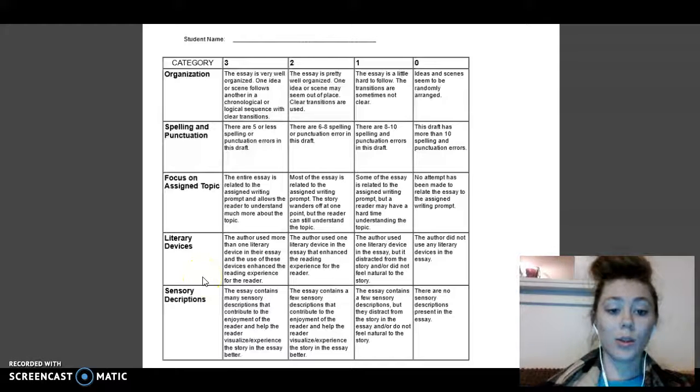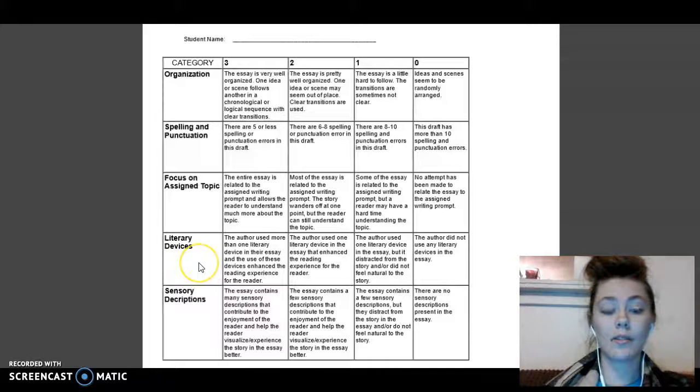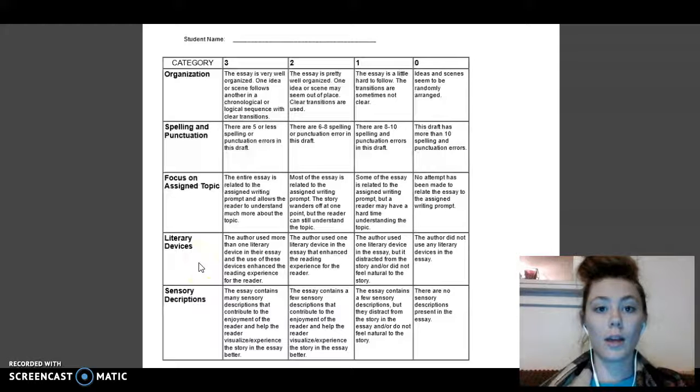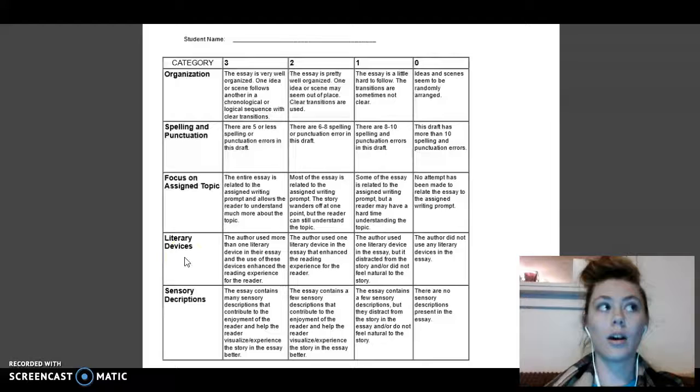Literary devices. Yes, you do have to include literary devices, such as similes, metaphors, allusions, etc. I will have a list available on the interactive module for you to access just to help generate some ideas for you. If you use more than one literary device and they enhance the reading experience, meaning they fit well in your story, they aren't bad for your story, that's 3 points.